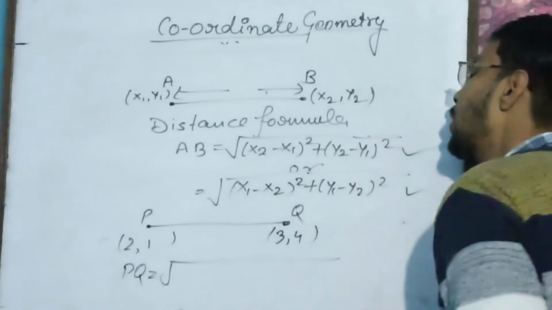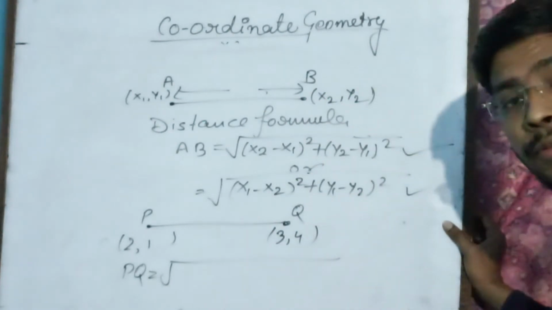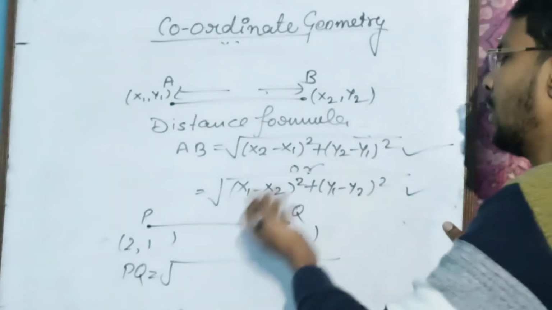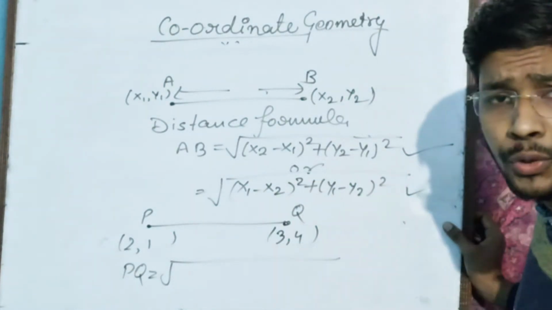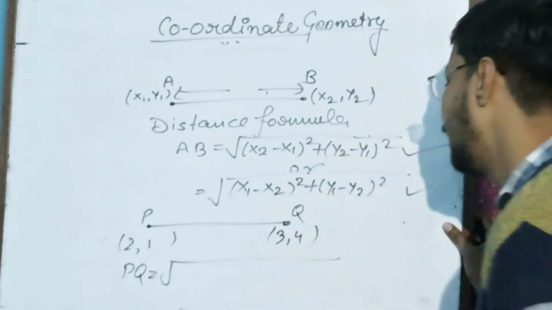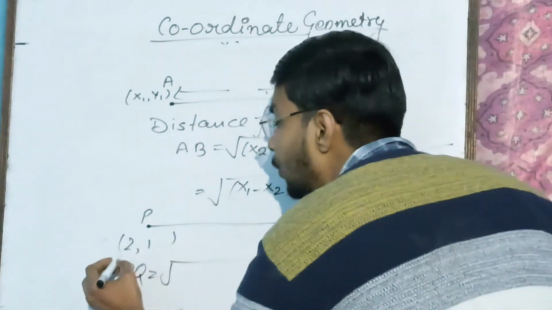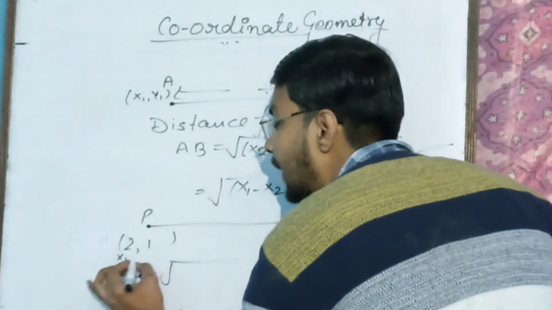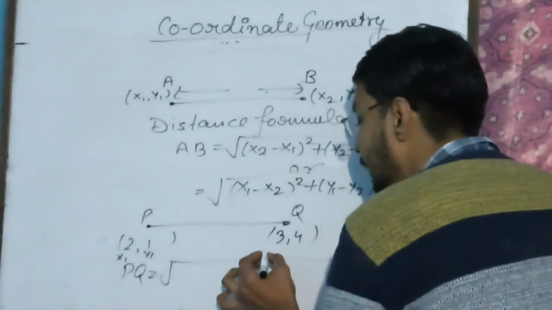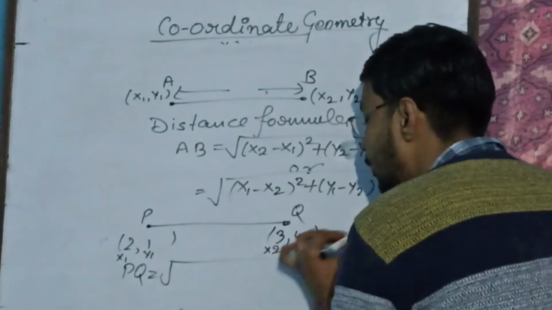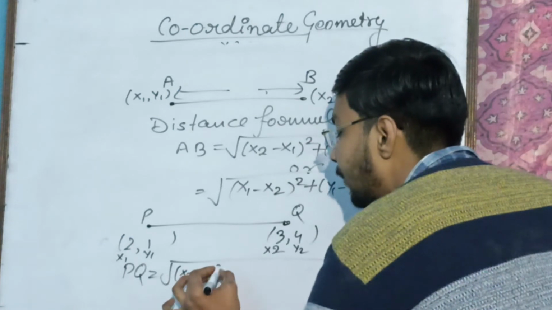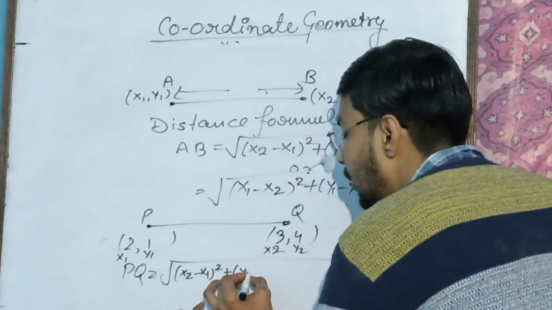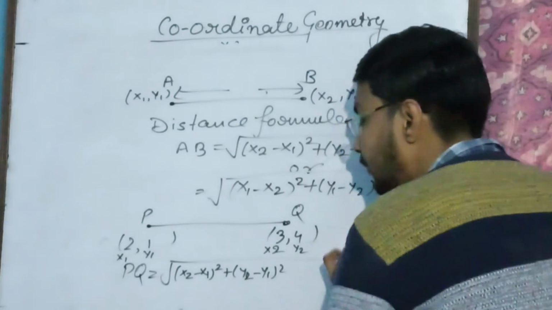You can apply any one of the forms. I'll consider this as x1, this as y1, this as x2 and this as y2. According to the formula, we will put in the values.